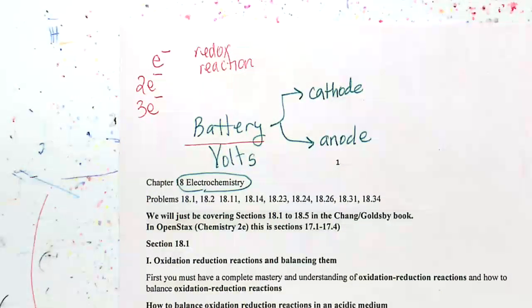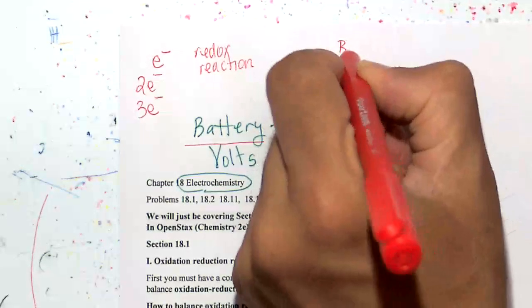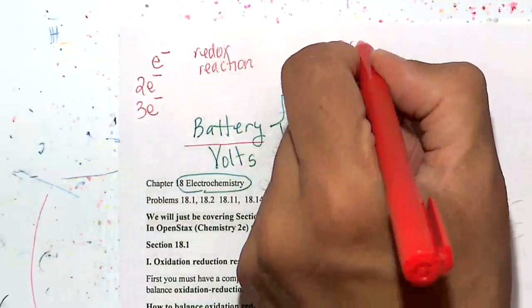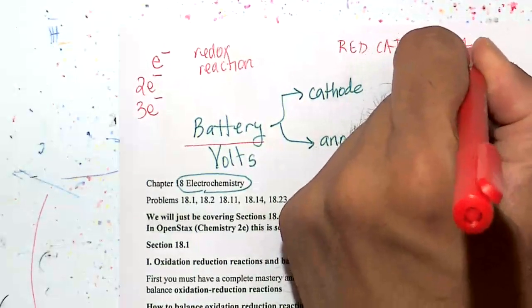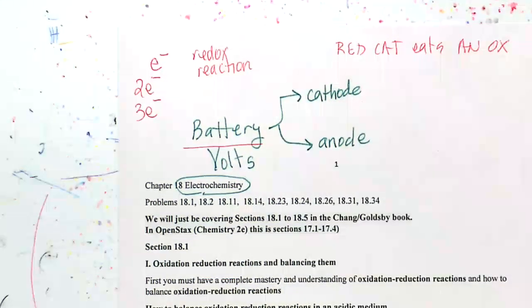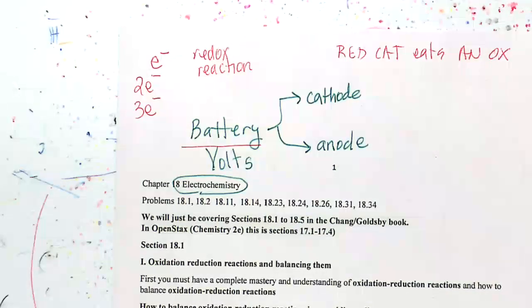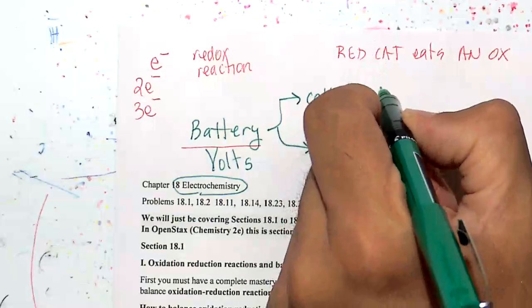So the cathode, have you heard of this? Red cat eats an ox. Reduction occurs at the cathode. Red cat, reduction, cathode.